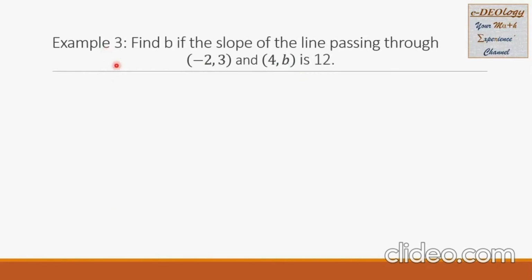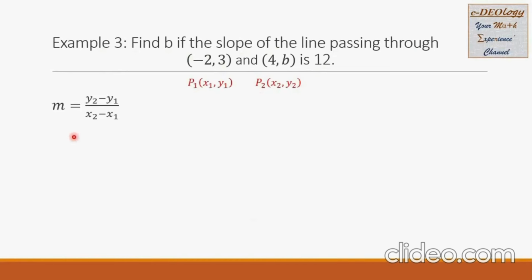Let us have this example 3. Find the value of b if the slope of the line passing through (-2, 3) and the point (4, b) is 12. Let us assign the P sub 1 and P sub 2 respectively. Then we will write our slope formula.